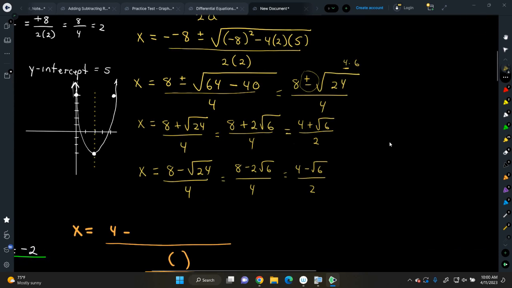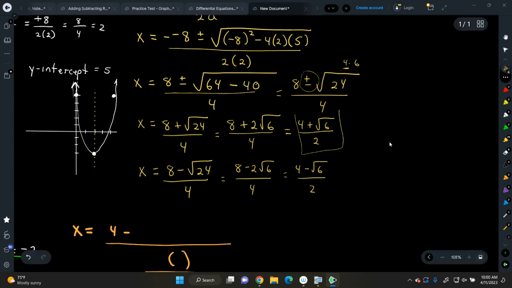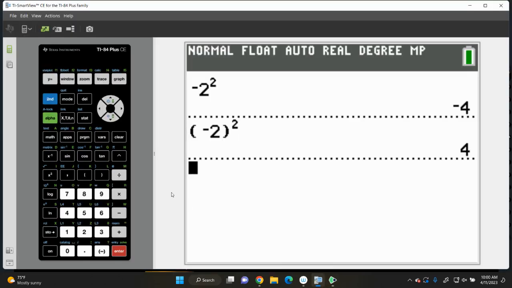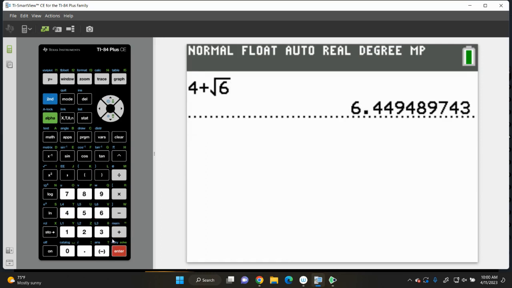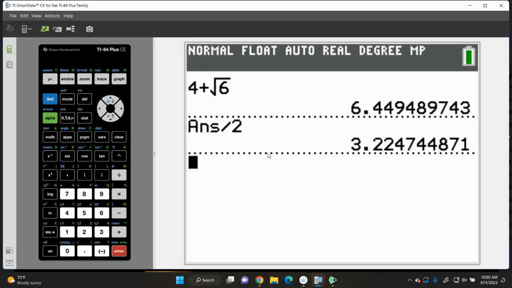So we're going to go to our calculator and put this in. 4 plus root 6 over 2. So 4 plus the square root of 6, and then I'm going to divide that by 2. We're going to just say 3.2.